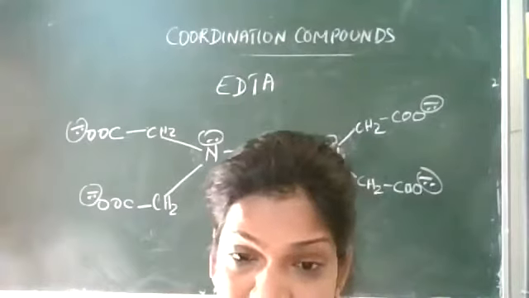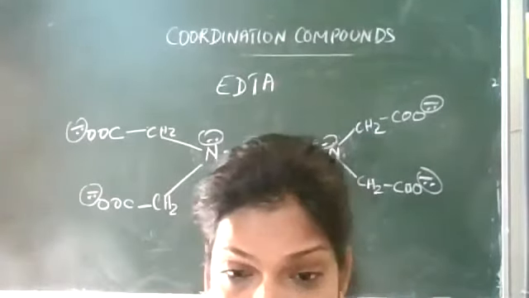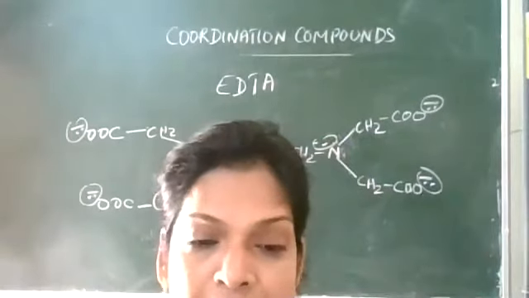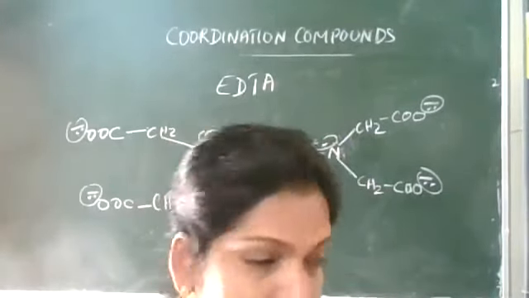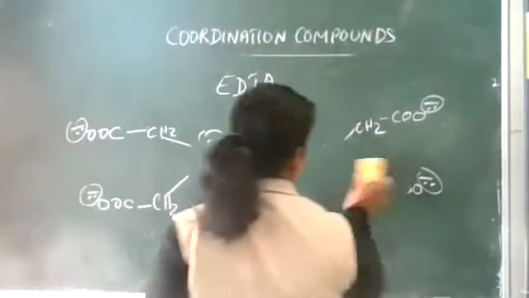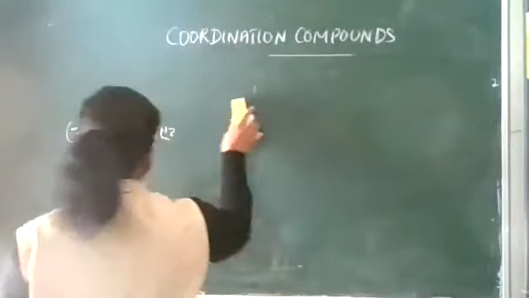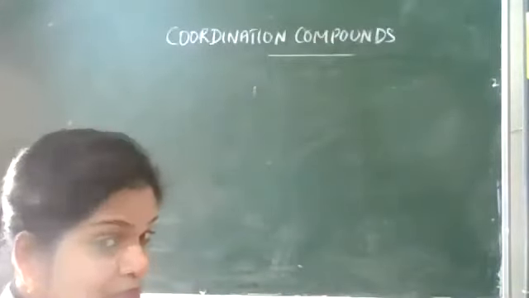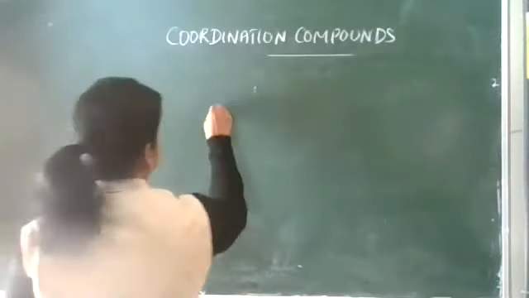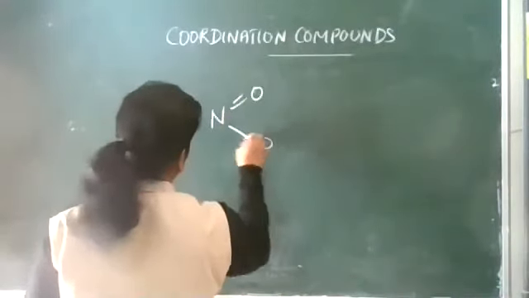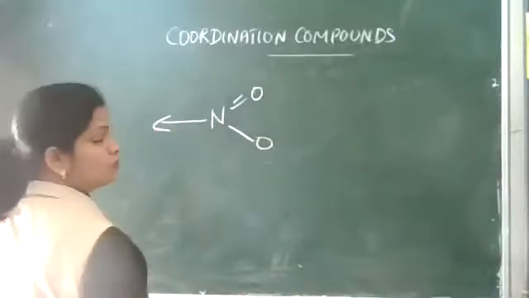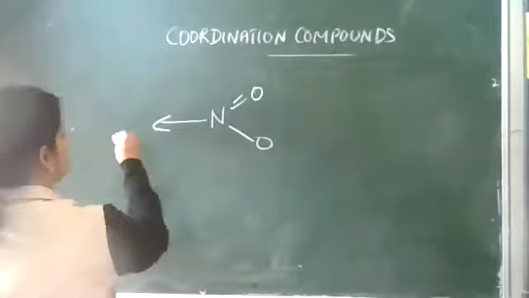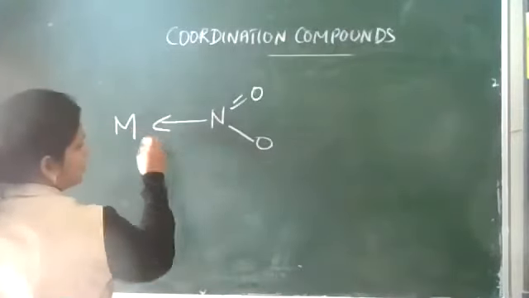Now let's move to ambidentate ligand. Ambidentate means the same ligand is donating, making the bond, using two different atoms. Just like the ambident nucleophile we learned, similarly that is NO2. This nitrogen can do the donation; donation we show by this arrow. Only nitrogen is used to bind the central metal.